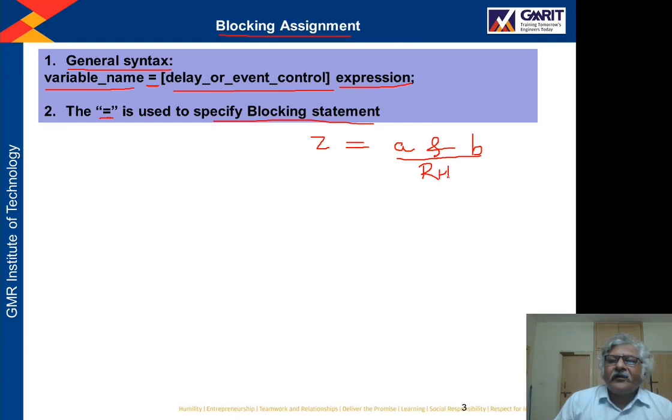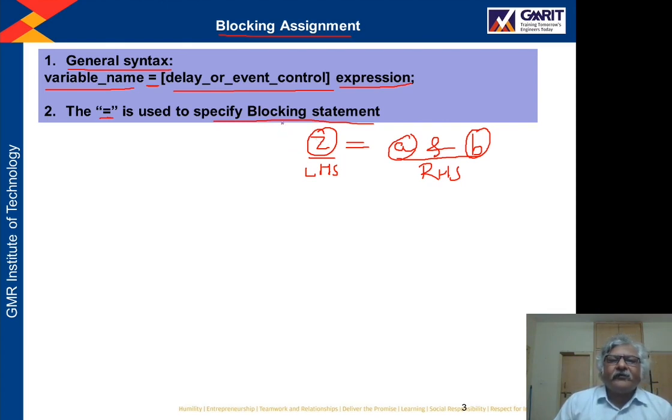and in this right hand side expression, A and B can be net type or register type, whereas this is the left hand side, and this Z on the left hand side can be only a register type. So in most of the cases we have used this Z as a reg type, right?